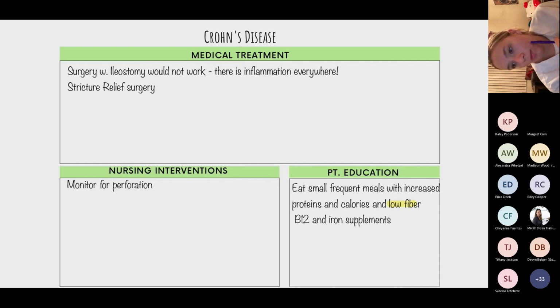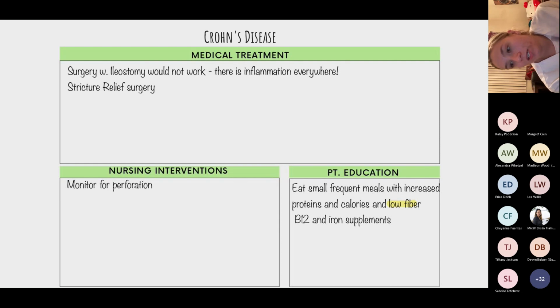Unfortunately for Crohn's, there's not much you can do to treat it aside from your traditional immunosuppressants, but we can educate these patients on low fiber diets. Okay. Usually we teach high fiber for heart health and it helps you have regular bowel movements, but for patients that are having 6 to 7 bowel movements a day, they don't need to be doing anything that can further make it an issue.